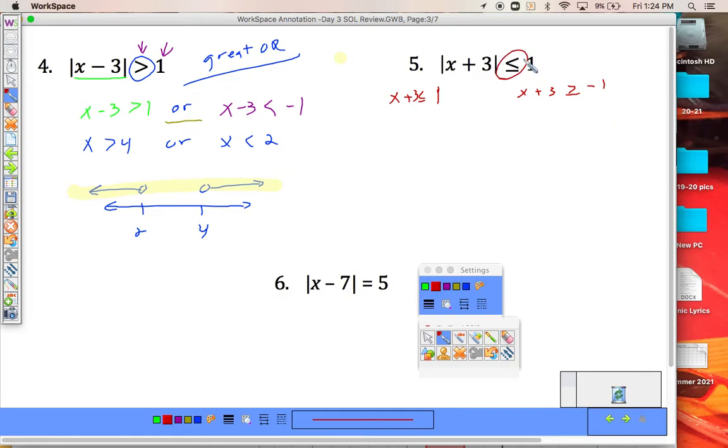This symbol for this problem is a less than, so it's an and statement. Greater than is for an or; for an absolute value inequality with less than, it's an and. So now I'm going to solve both. X is less than or equal to 2, and x is greater than or equal to -4.